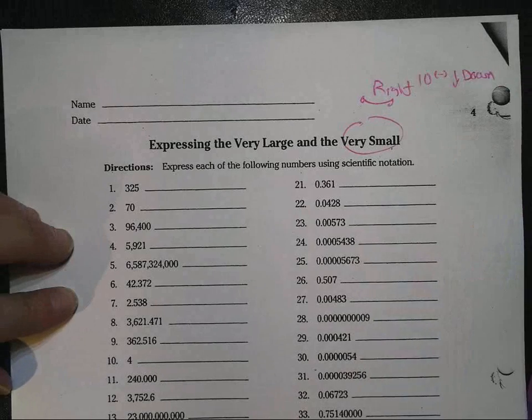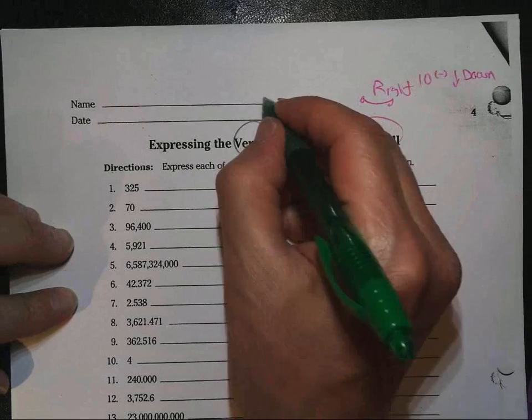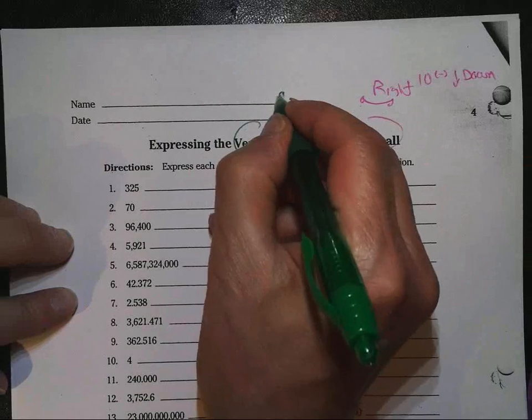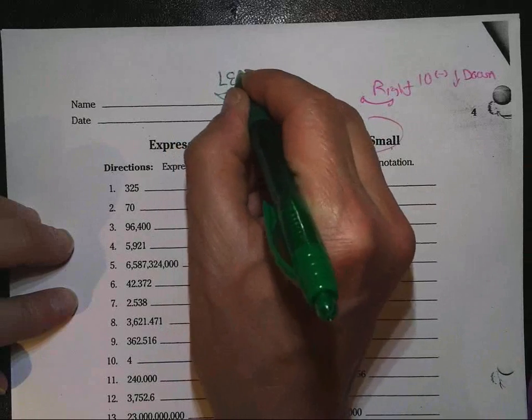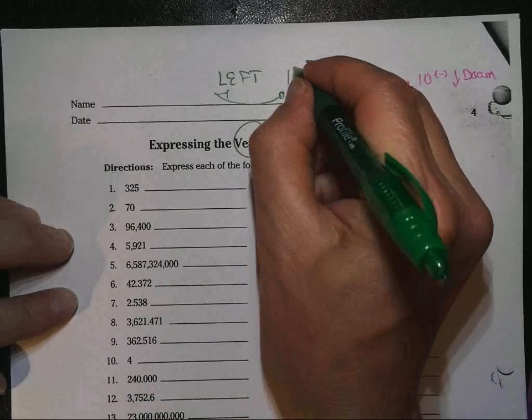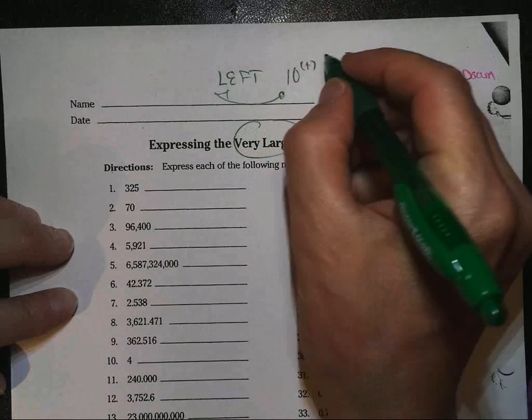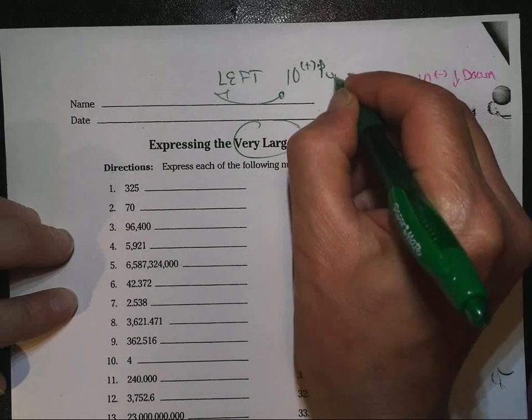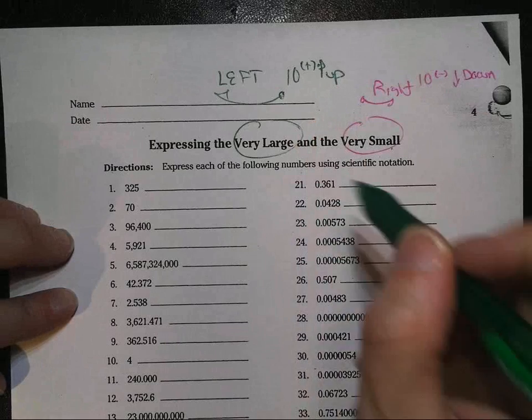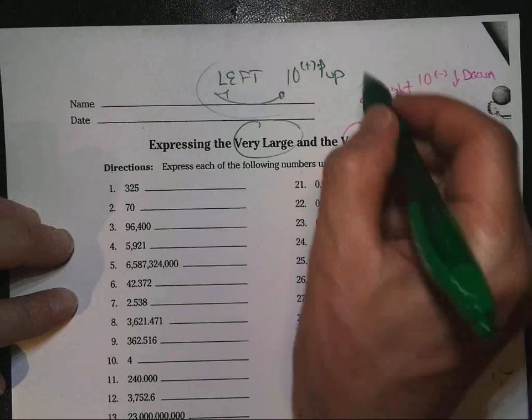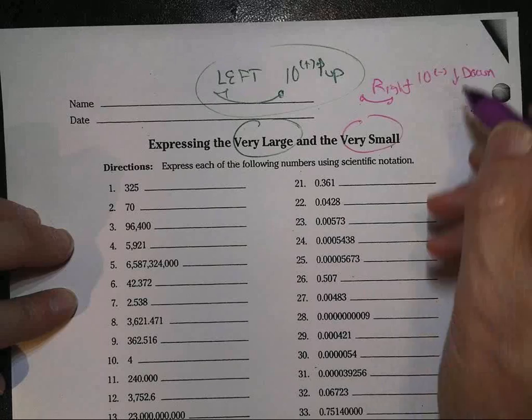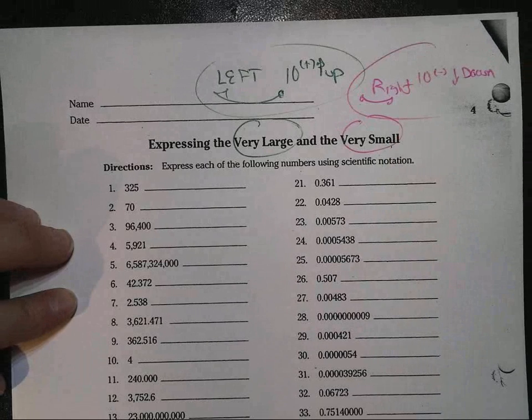If we have a very large number, we move the decimal point to the left. The power of 10 will be positive, and it will go up the number of places that we moved. So very large, move to the left, power of 10 goes up. Very small, move to the right, the power of 10 goes down.